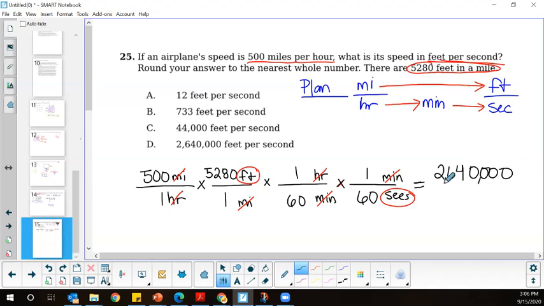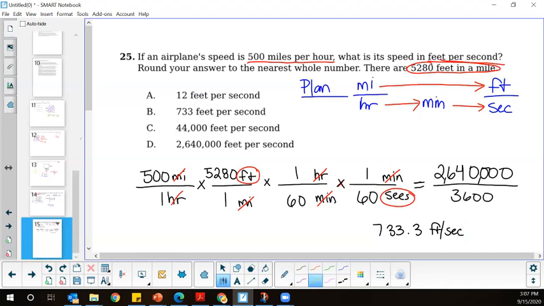And then the bottom, when I multiply 1 times 60 times 60, I get 3,600. And then the last step is to divide. Okay, so I get this decimal here, 733.3 repeating feet per second.